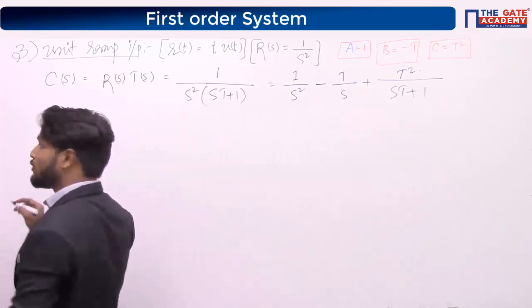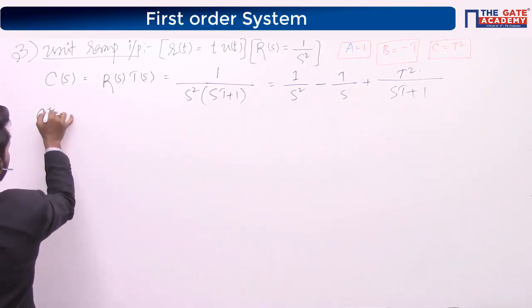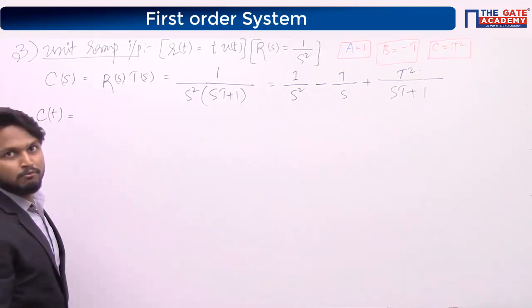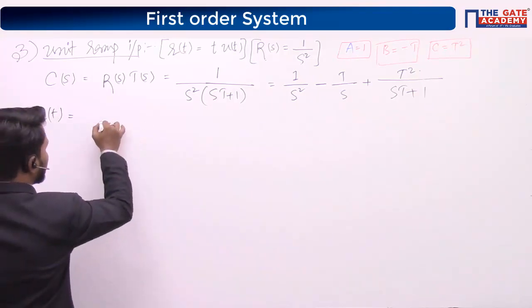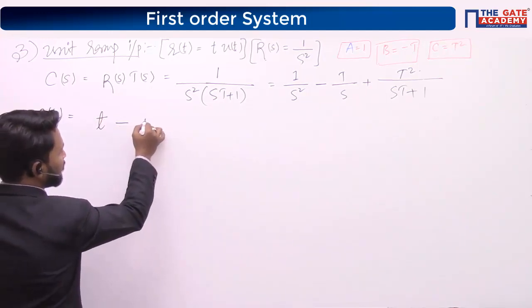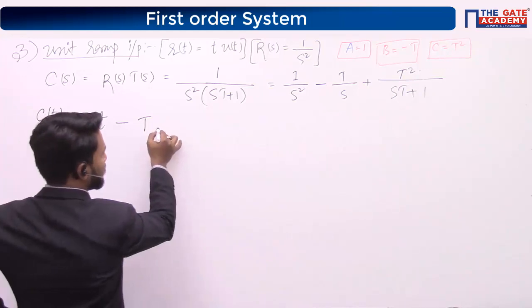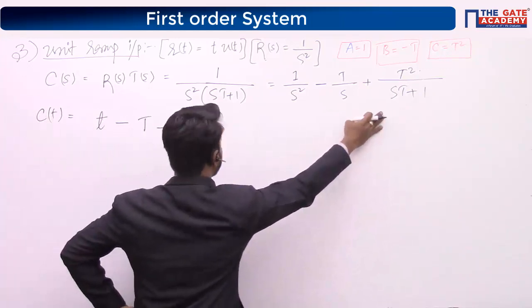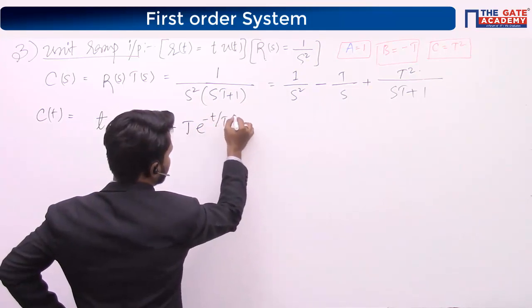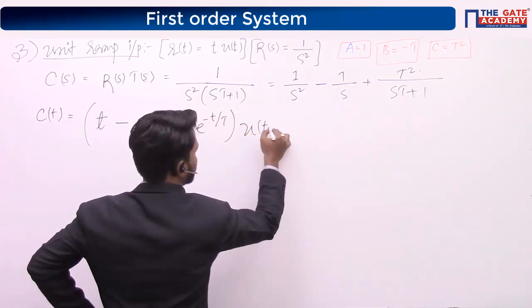So find out c of t. What is c of t? C of t will be equal to, right, if it is 1 by s square, you will get t, and it is t by s minus t plus Laplace inverse of this, you will get t e power minus t by capital T into u of t.